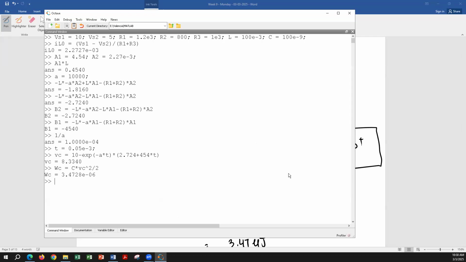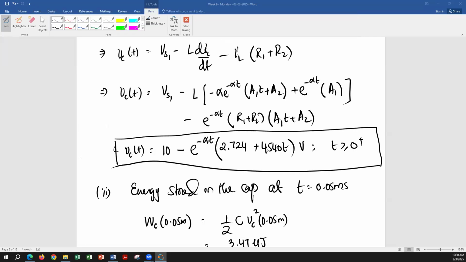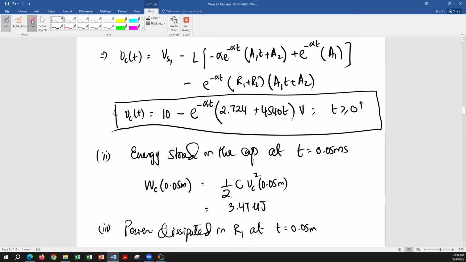Microjoule? Okay, so you're using the same expression? Oh, I'm missing a 0 over there. I say 4540, right? I'm putting 454. Okay, so I'm missing a 0 over there. Let me go back and do it. 4540. And then 3.37. Yeah, you're right. 3.37 microjoule.